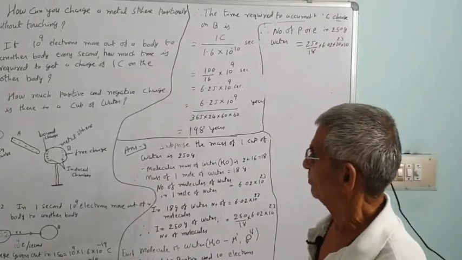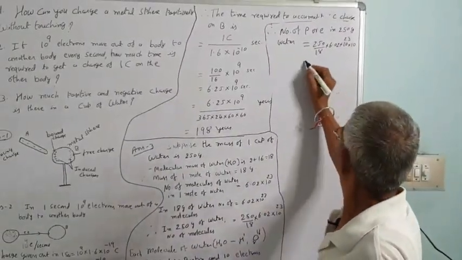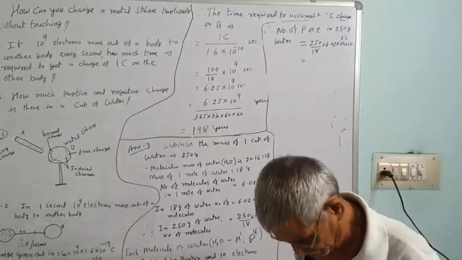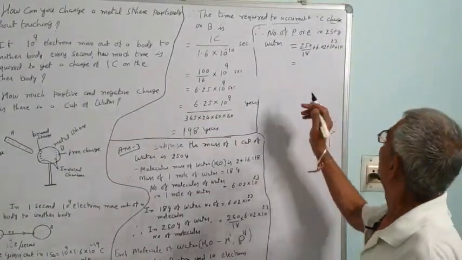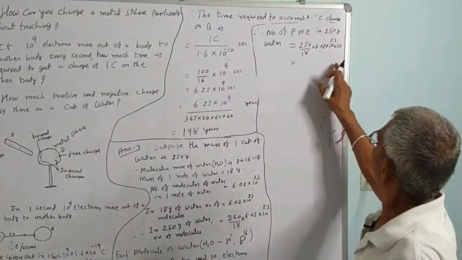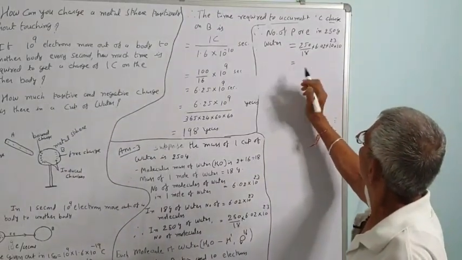Correct? That I leave it to you to calculate. This is the number of protons or electrons in 250 grams of water.